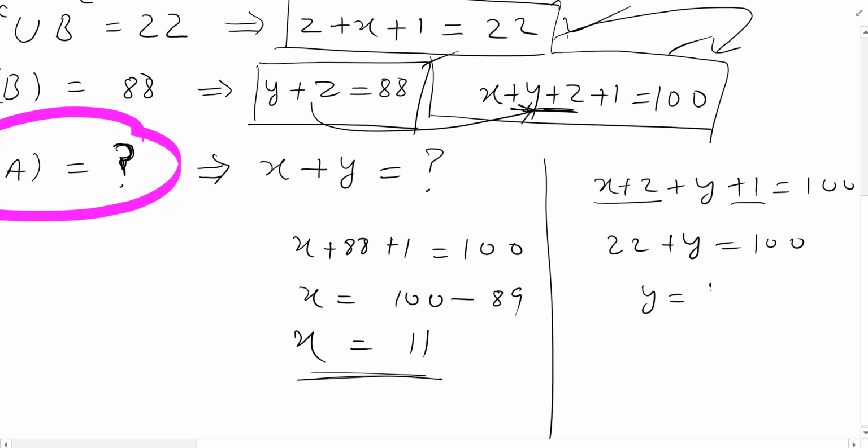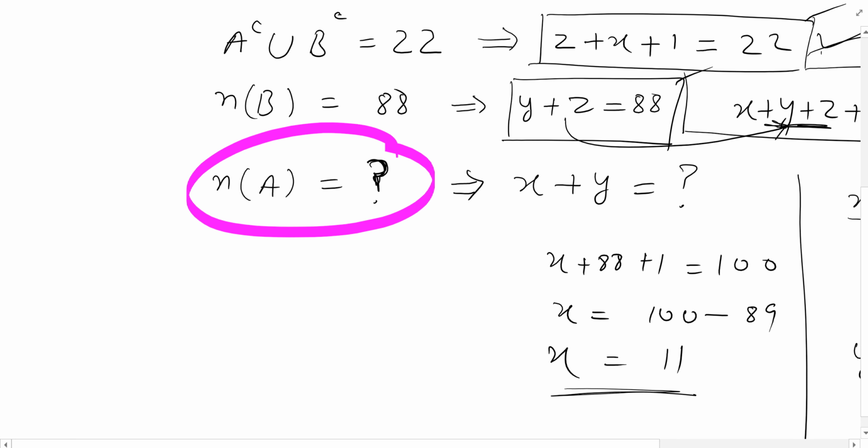So y is 100 minus 22, which is 78. Now, does my y value make sense to you? Z, x, and 1 are 22, so you replace them by 22 and then find y.